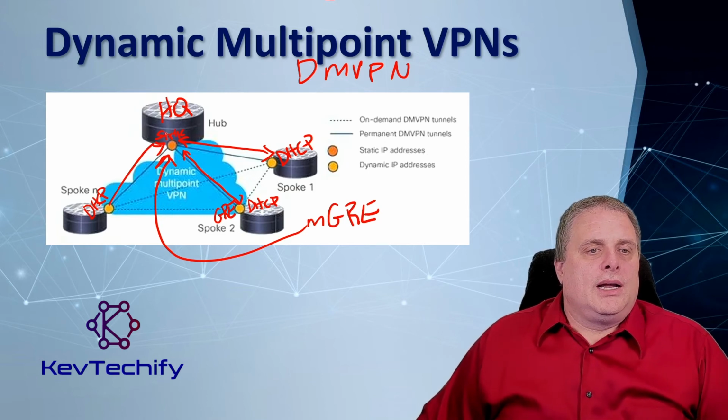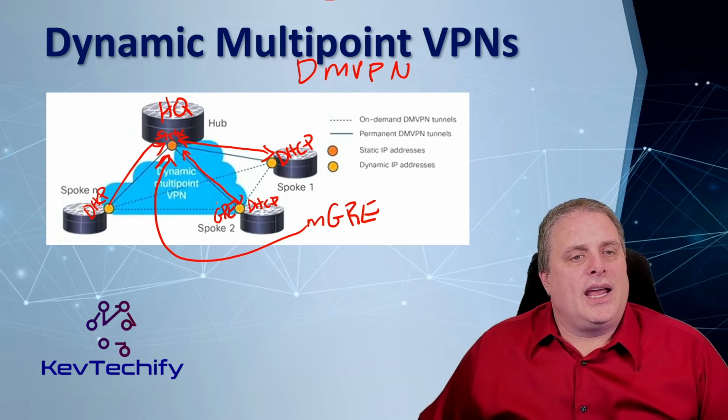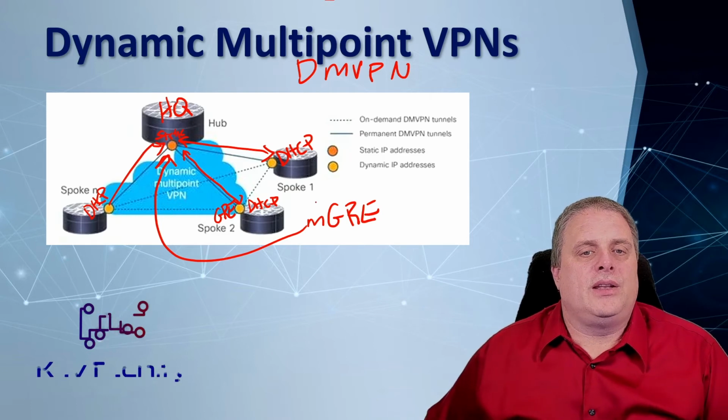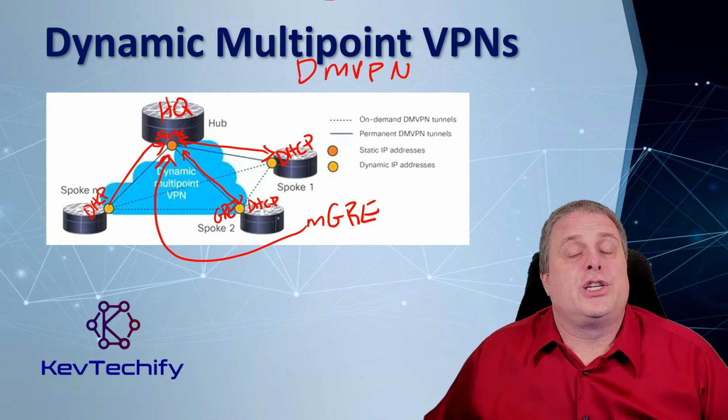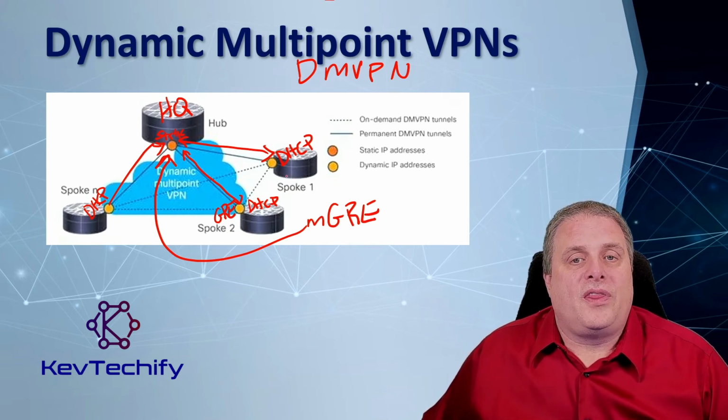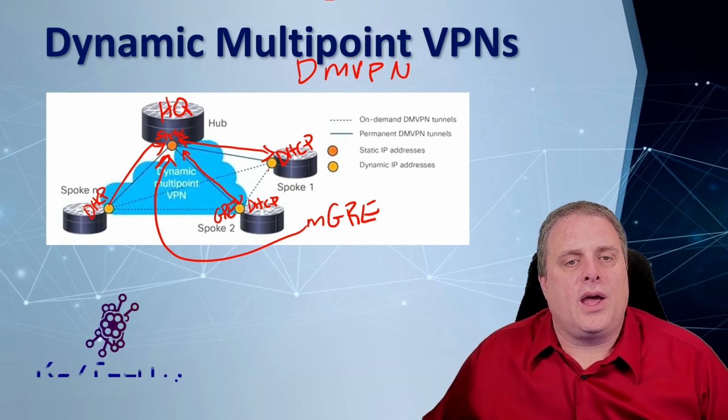As your company starts transferring data back and forth, all of a sudden you may determine that, hey, spoke 1 and spoke 2, location one and branch one and branch two need to communicate. What they can do is set up an on-demand dynamic multi-point VPN. So we can go ahead and do this.